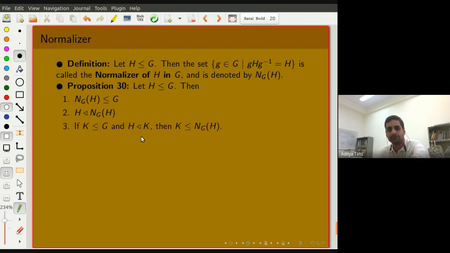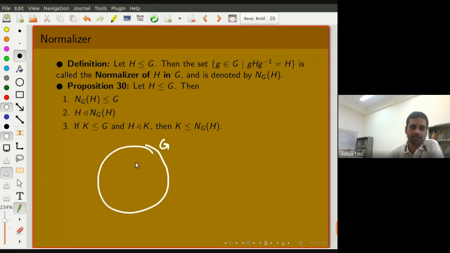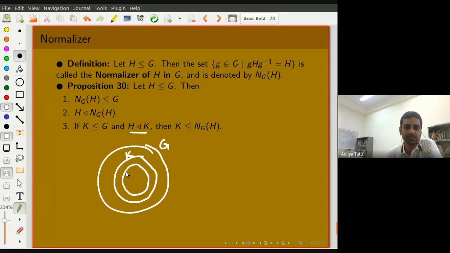Third property. If I give you a group G, and I give you some subgroup of this group G, let's call it K, and I give you a smaller but a normal subgroup H of this subgroup K. Remember, H given here is assumed to be a normal subgroup of K, not necessarily of G. In that case, the normalizer of H will be a larger set than K, larger or the same set.